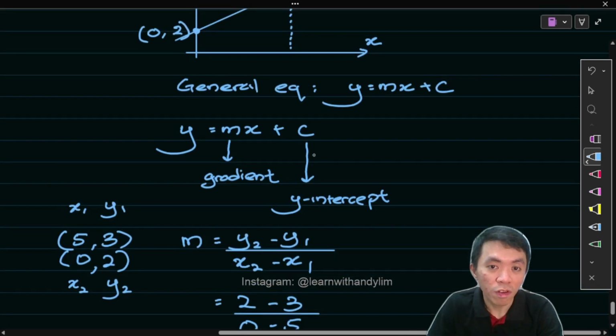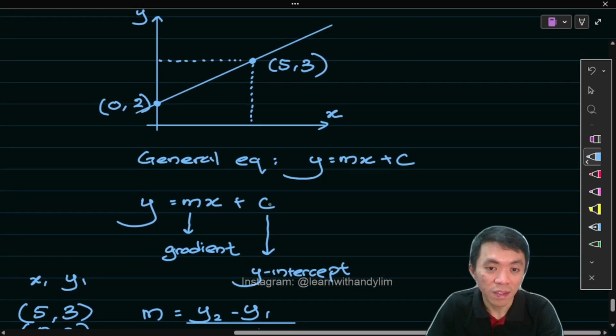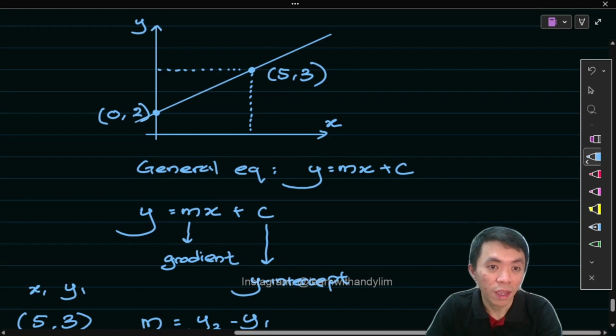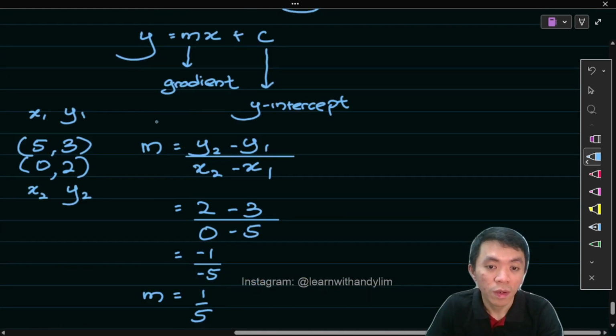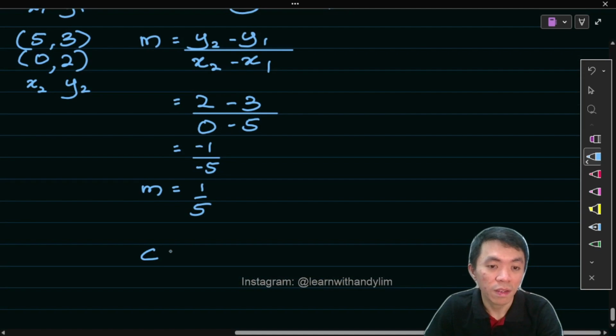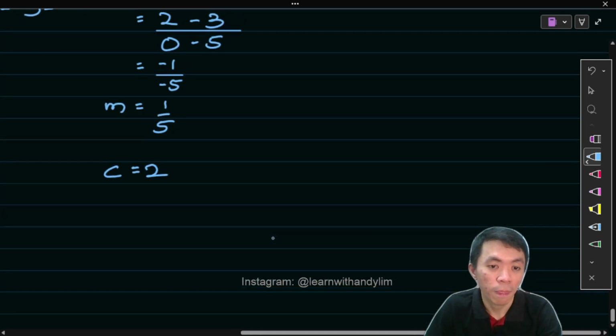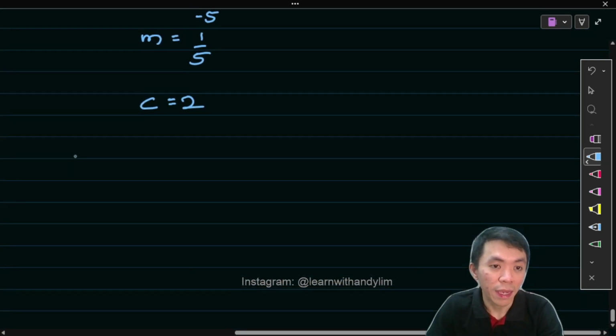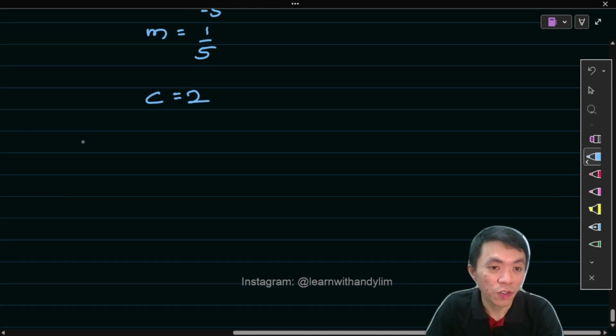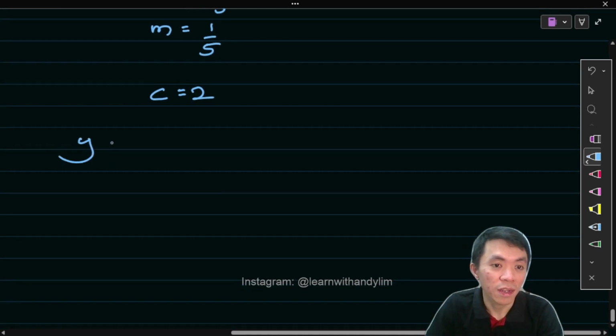Let's move on with the intercept. The intercept, we can read right away. It is 2. I'm just going to write c is equal to 2 right here. So let's look back at my general equation for a straight line, y equal to mx plus c.